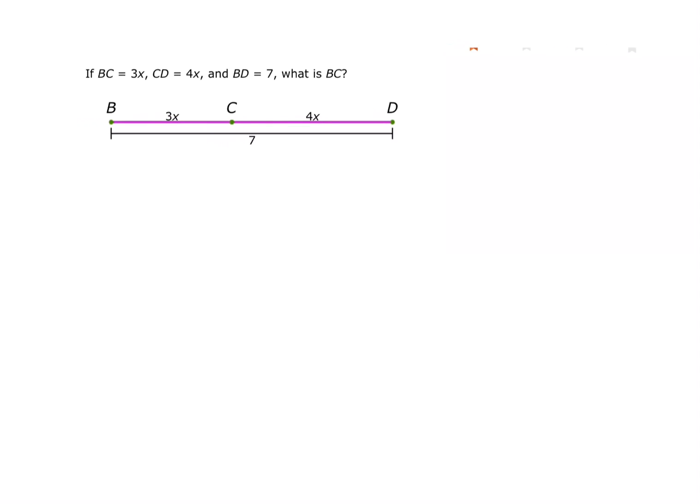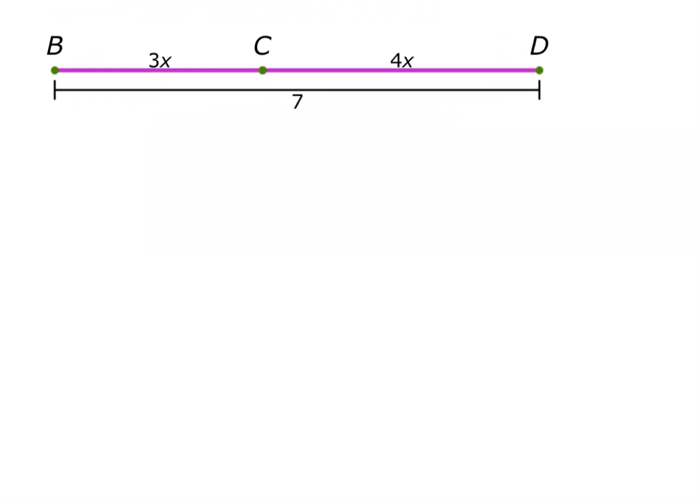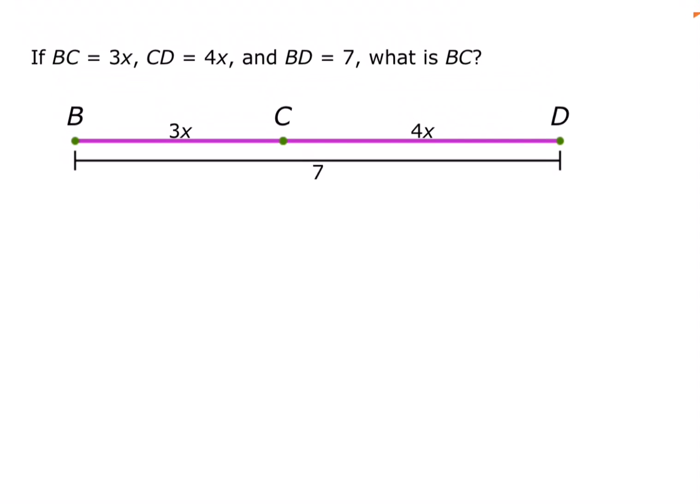Alright, now they're going to throw some variables at you, some algebra work. Still the same concept. If BC is equal to 3x and CD is equal to 4x, the whole thing BD measures 7. What is BC? We're going to set it up the way we would. Remember that this plus this has to give us this.